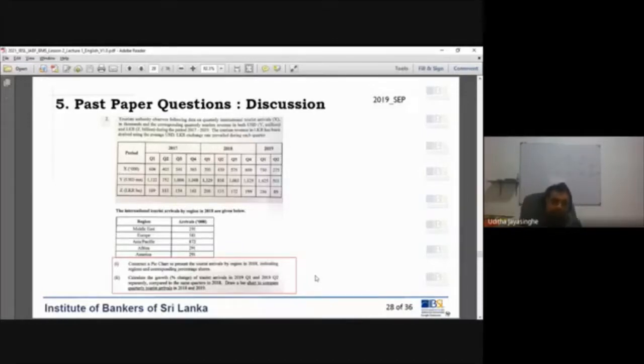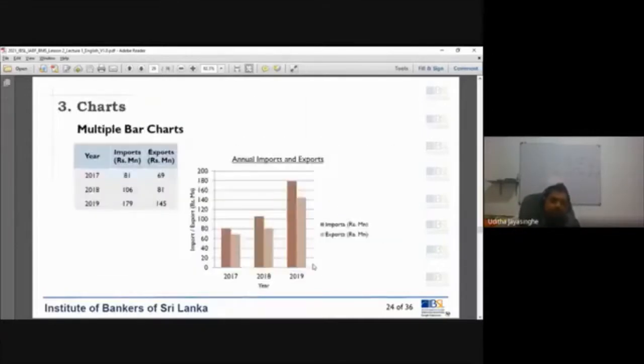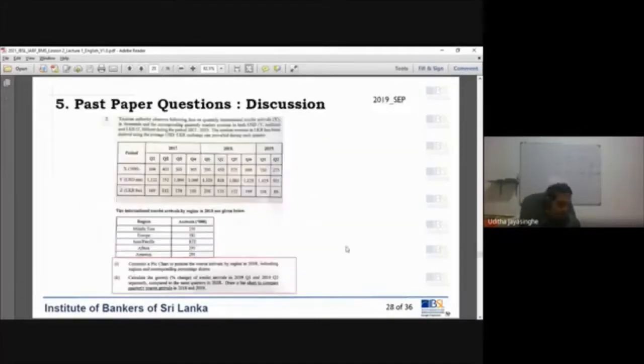But as long as you have only 2 years, 2018 and 2019, you can do a multiple bar chart like this, 2018, 2019, quarter wise, as in quarter one, quarter two, quarter three, quarter four. So I don't think that we have to spend time on how to measure the height and draw a bar chart. Hope you can manage it.